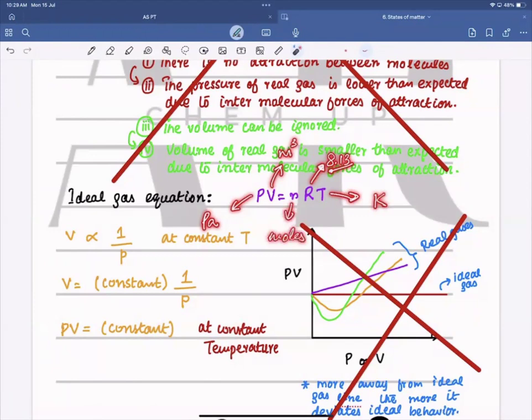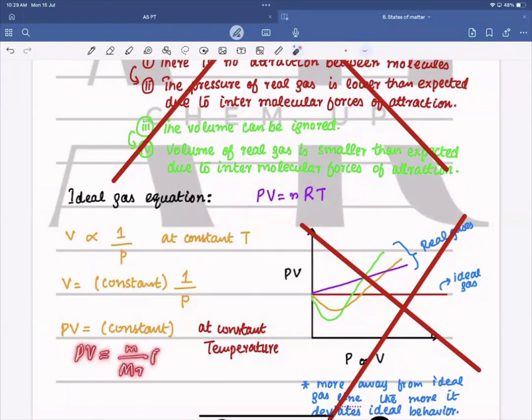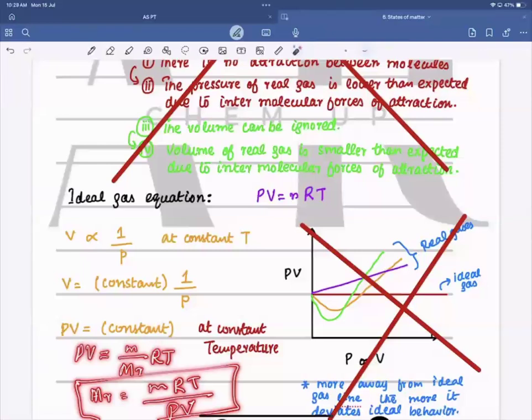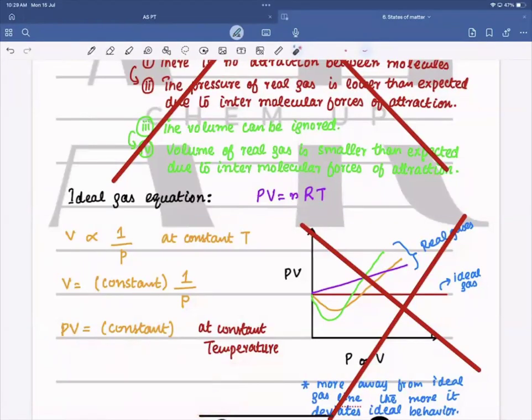Further, if we have to determine the relative molecular mass, Mr, we will open the moles into m over Mr, and then make Mr the subject to find the relative molecular mass of that gas. That's what we did in moles, right?